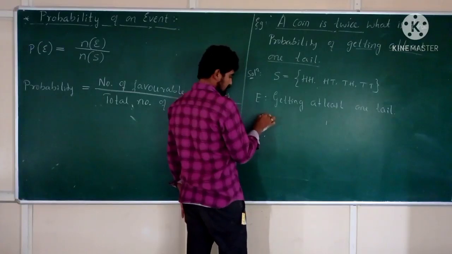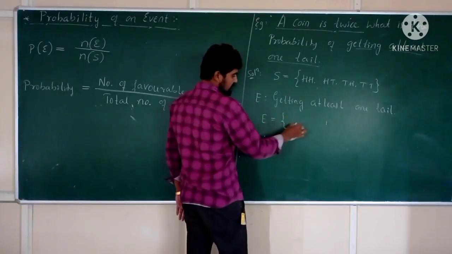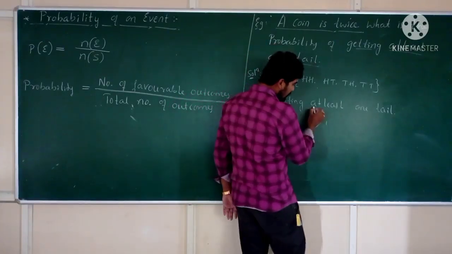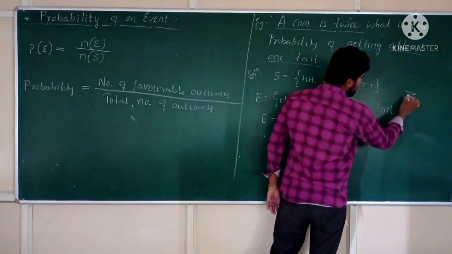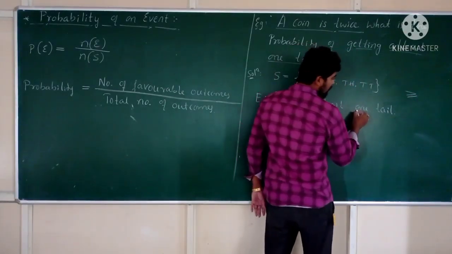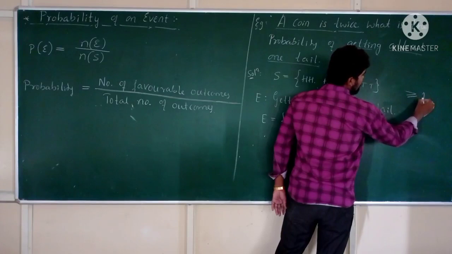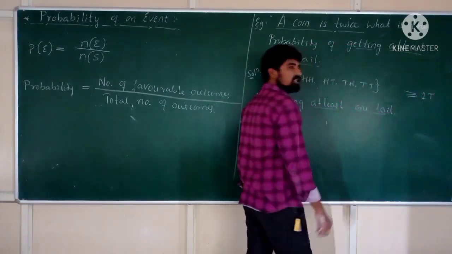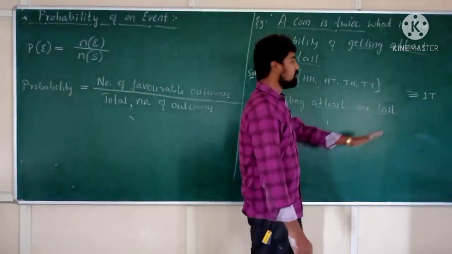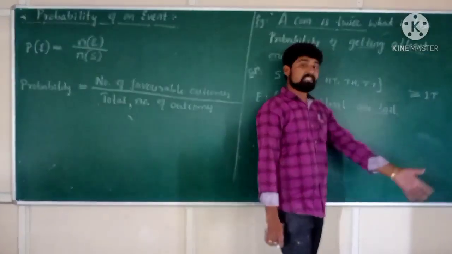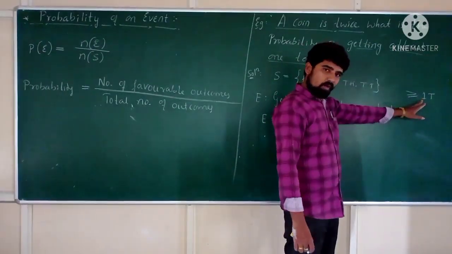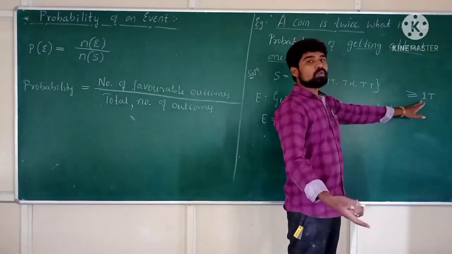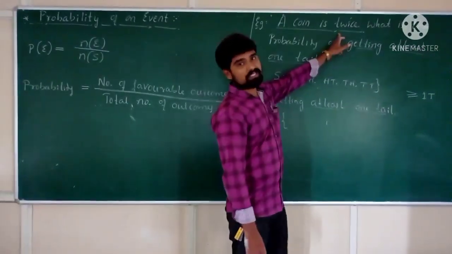So therefore, the event E consists of the outcomes. At least in the sense greater than or equal to how many number of tails? One tail. So at least one tail in the sense minimum one tail. So we need to write the outcomes which consist of one tail or two tails, because the coin is tossed two times here.